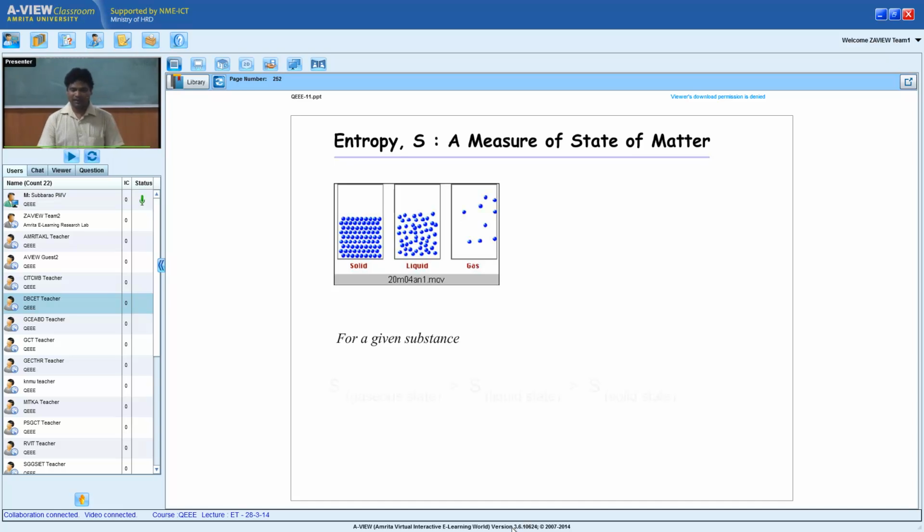For a given substance, this is the law of nature. Why? The solid organizes very nicely. The gases are extremely random. The beauty of this is that whenever you are changing a state from one to another, you are creating entropy because you are moving from low to high or high to low.